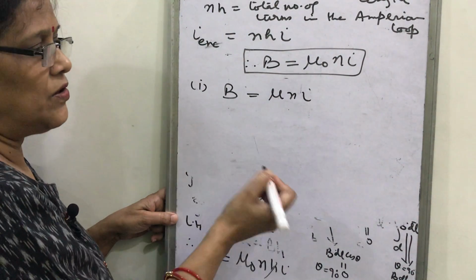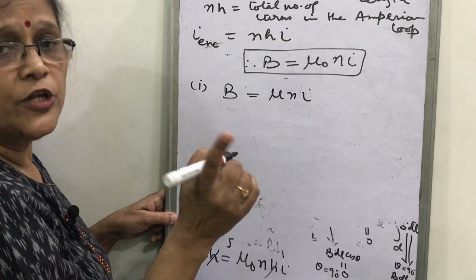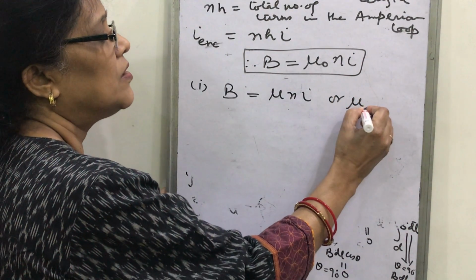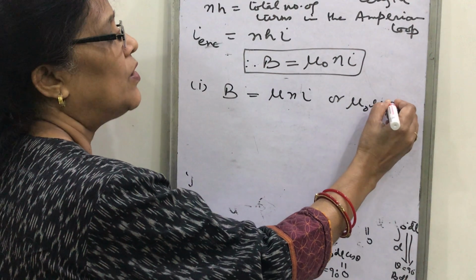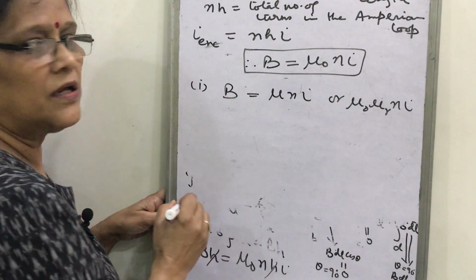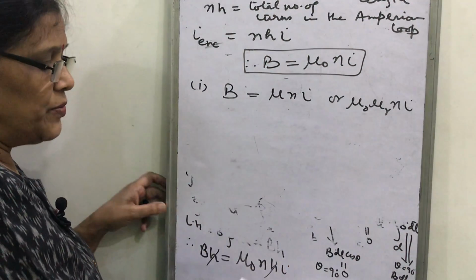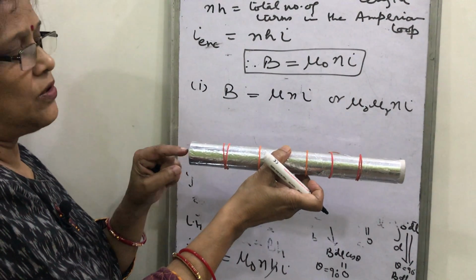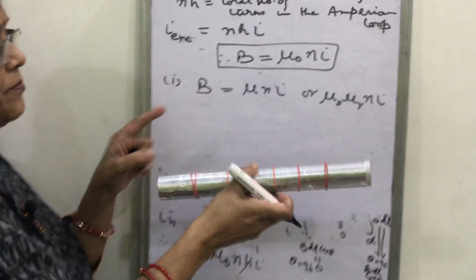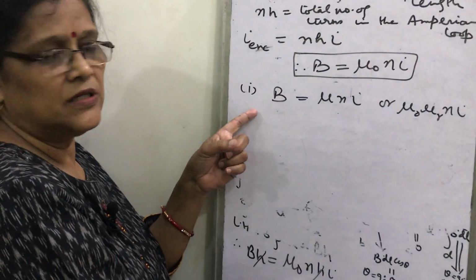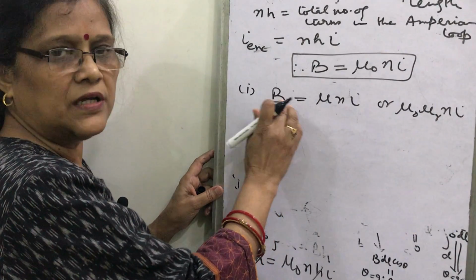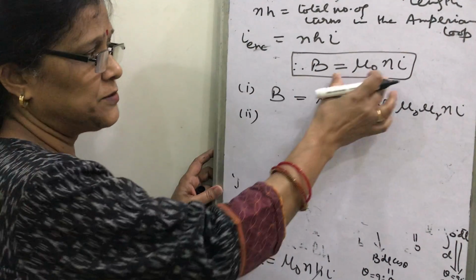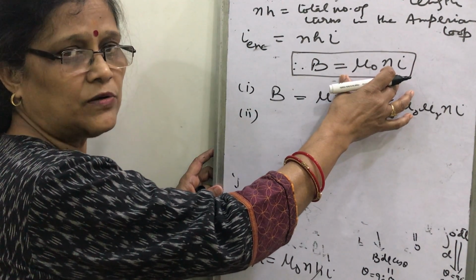Or if you put a rod having relative permeability mu R, then the magnetic field will become mu naught mu R nI. In both cases, if you put the rod inside the hollow tube, the magnetic field increases. Secondly, this expression is free from length and diameter also.